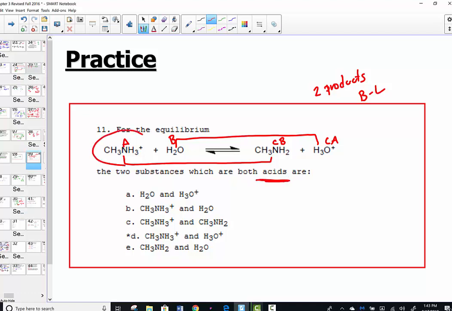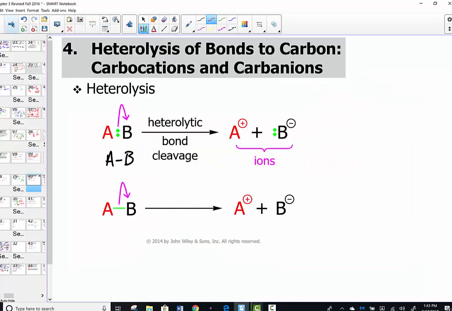Well, it looks like CH3NH3+ and hydronium, and that choice is letter D. Let's stop the video here and we'll pick up with new terms, carbocations and carbanions in our next lesson.